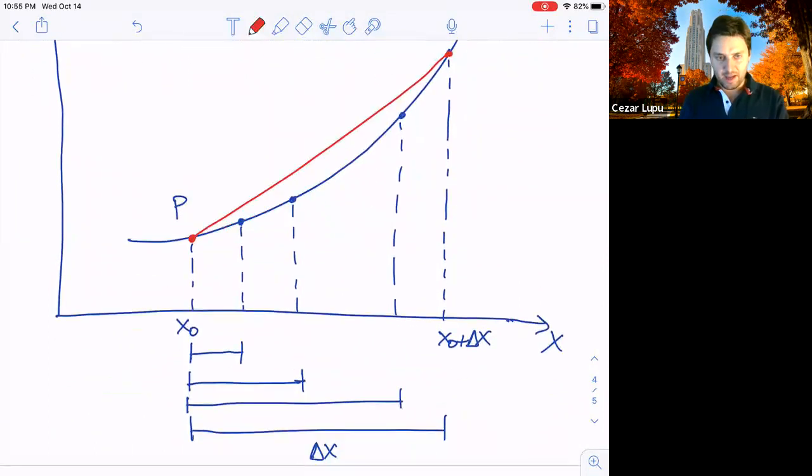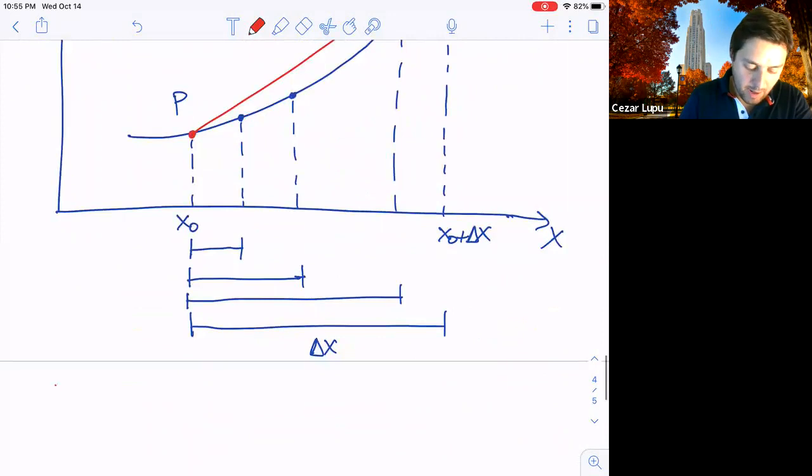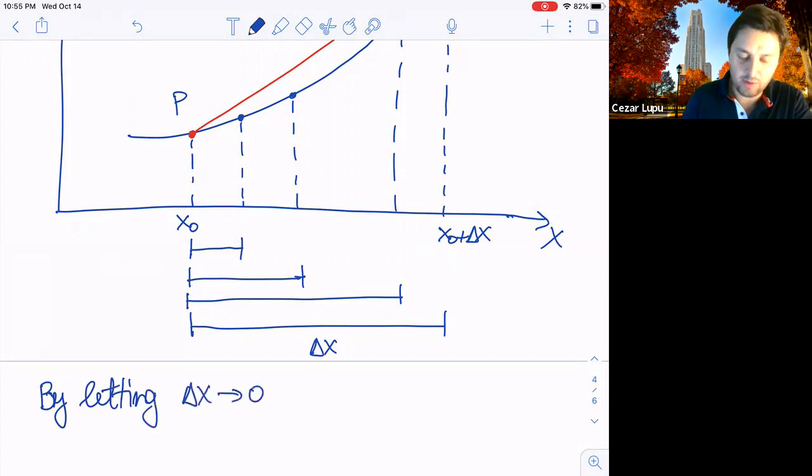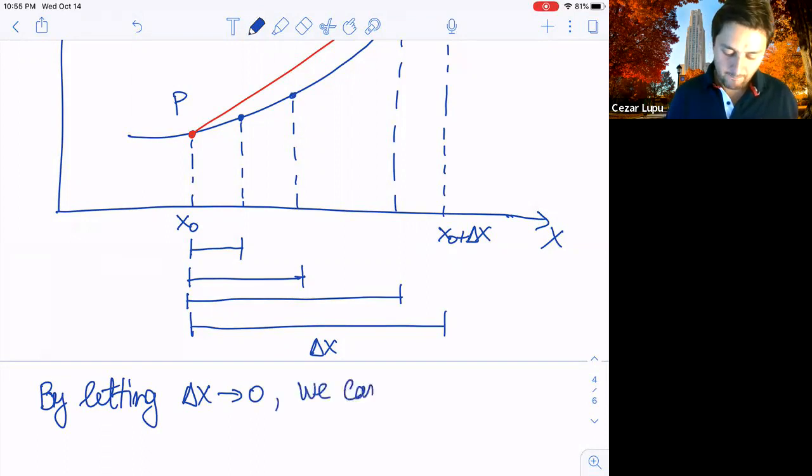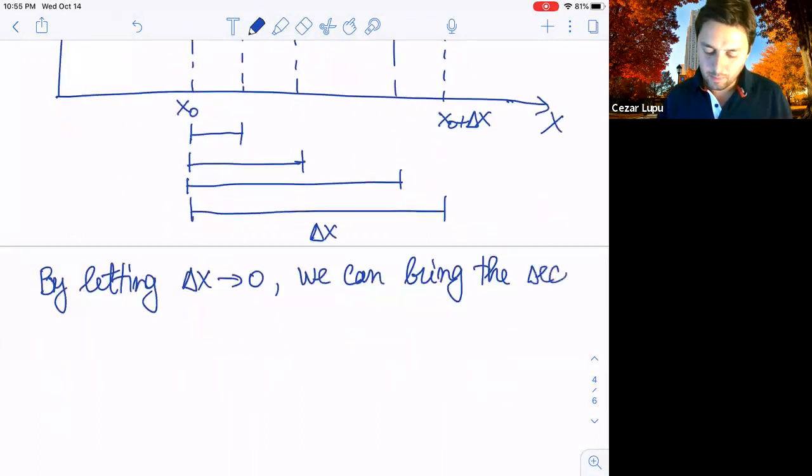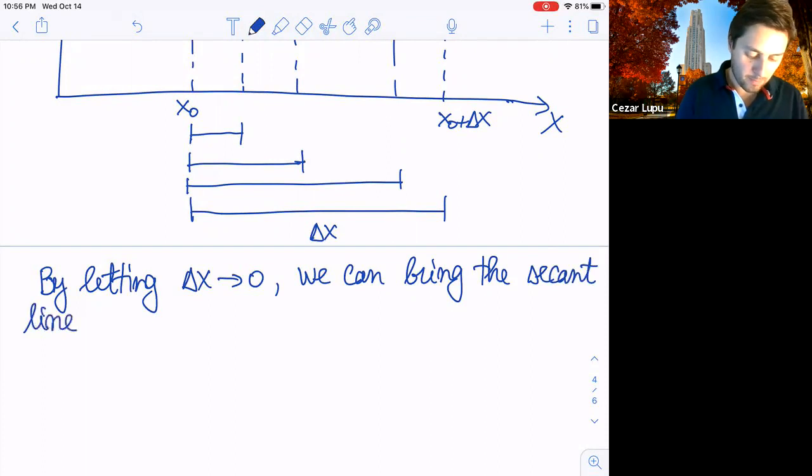As you can see, the distance between these 2 points is getting closer and closer. All right. So now we can say that by letting delta x approach 0, we can bring the secant line closer to the tangent line.